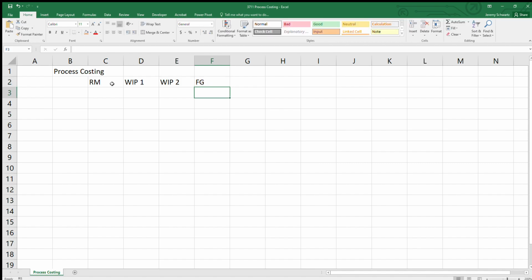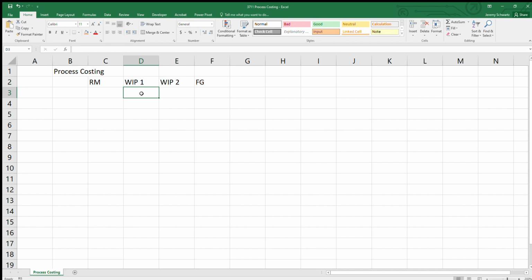So we're going to go through the same sort of process that we had done before, but now we are going to have to deal with potentially multiple work in process accounts.